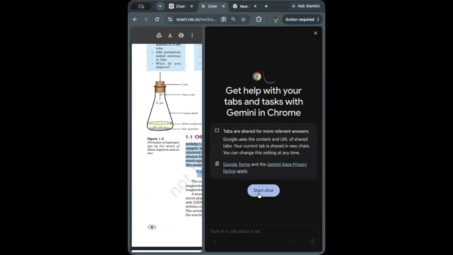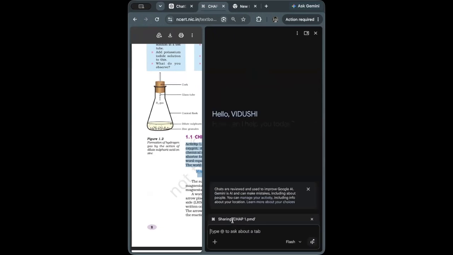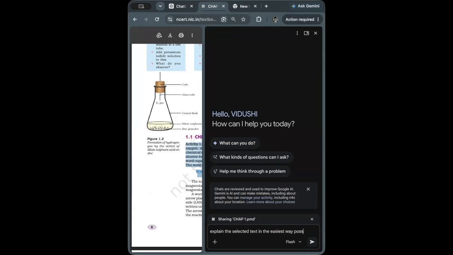What is going to happen with Gemini is it helps you solve anything that is troublesome in the easiest way possible. For example, I can ask this: explain the highlighted, the selected text in the easiest way possible.